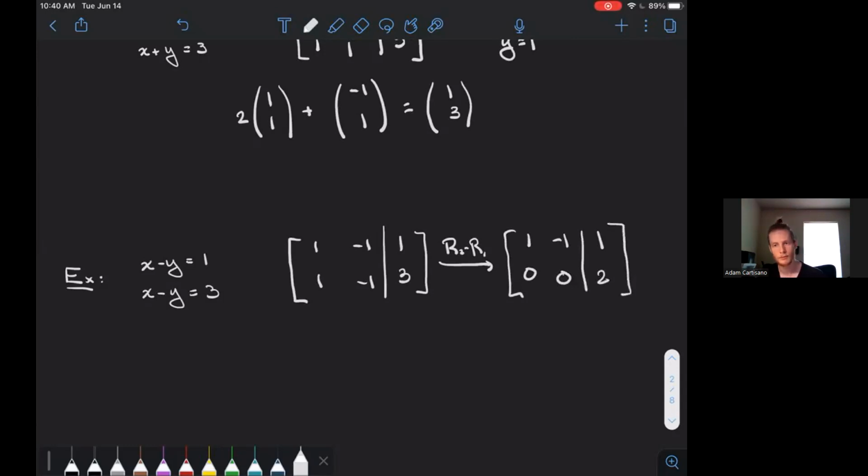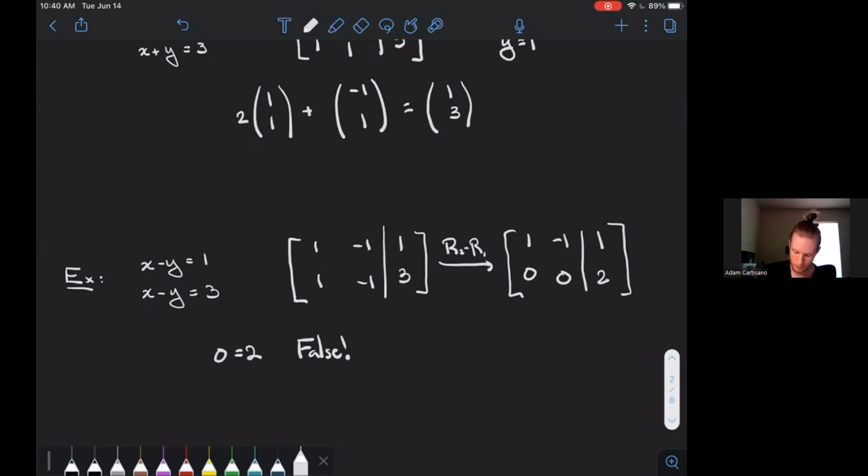Now hold on. This is telling us that 0x plus 0y equals 2. In other words, we have the inconsistent statement that 0 equals 2. This is false, which means that the system is inconsistent.